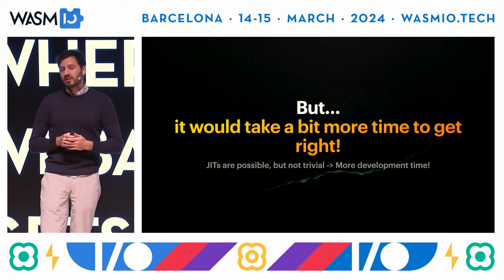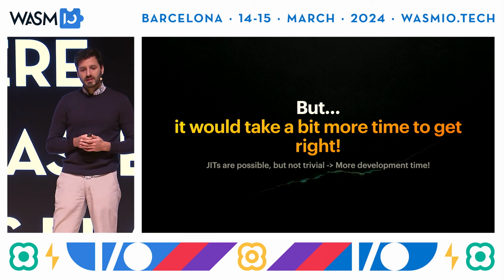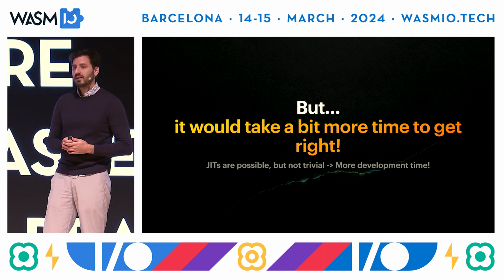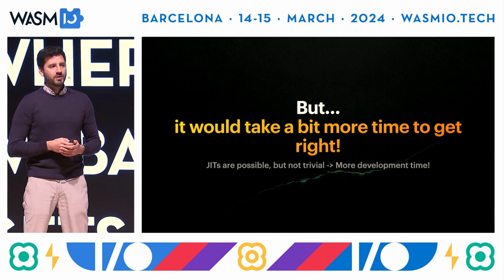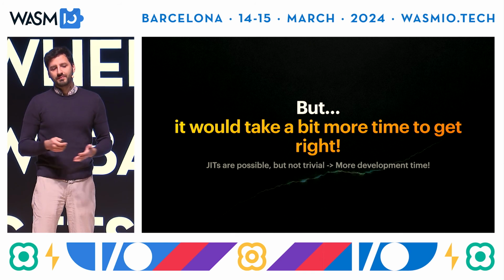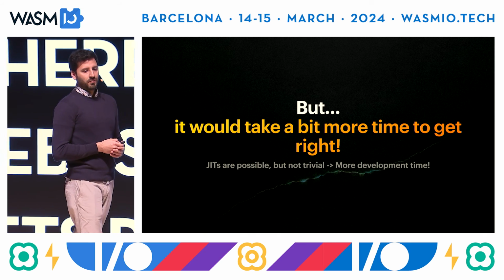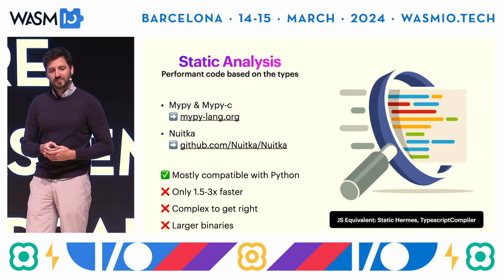What's the issue with this? Running JITs on WebAssembly is possible, but it takes more time to get right. You need to make sure that the WebAssembly code you're generating is performant enough, so you need to spend more time. This is a great path, I think it's a pretty strong one, but we're a small startup. We need to go with the cheap and fast one first.